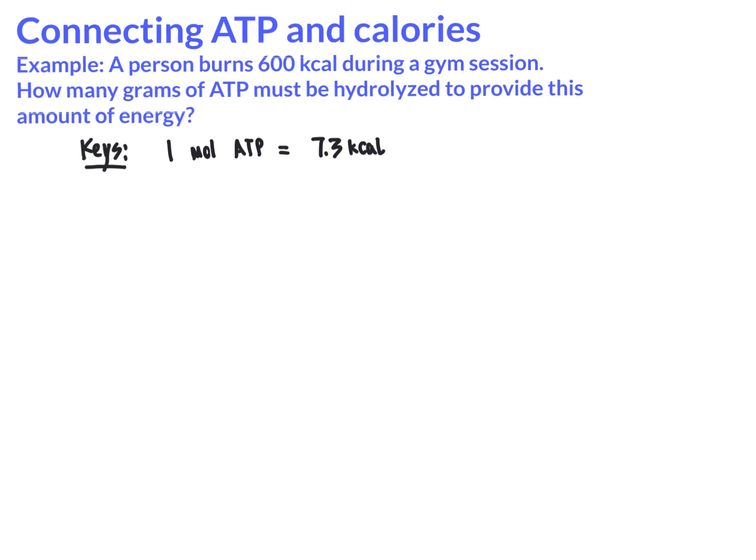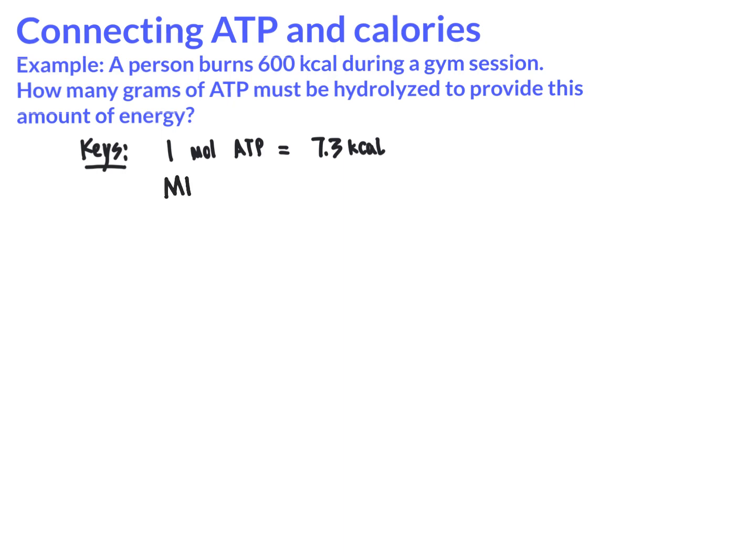The other thing that we need, since we're looking at grams of ATP, is to know how moles of ATP relate to grams of ATP. And for that, we think back to our general chemistry and we use our molar mass. The molar mass of ATP, if we look that up, is 507 grams per mole.